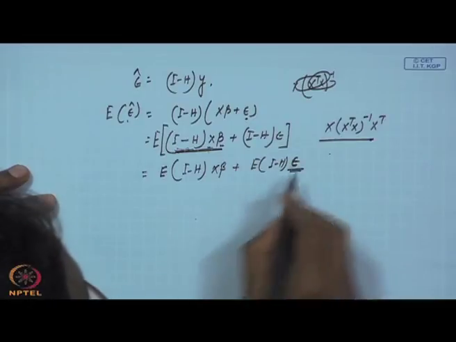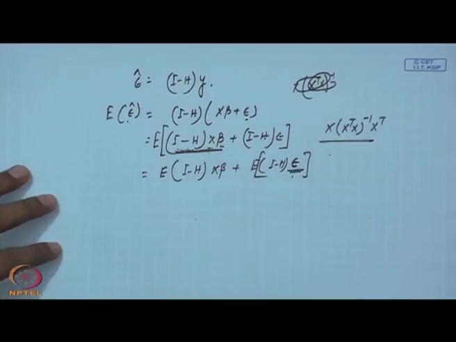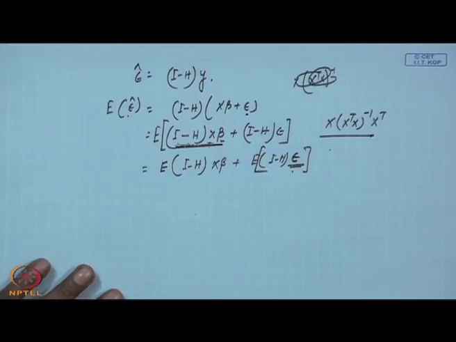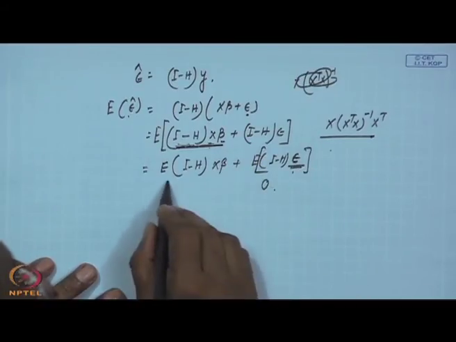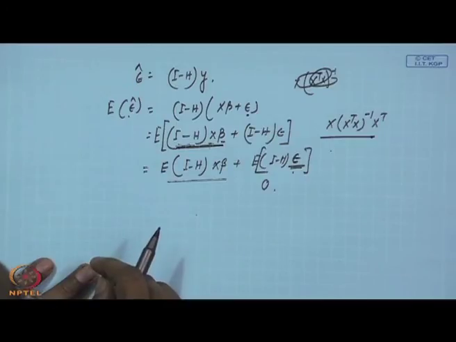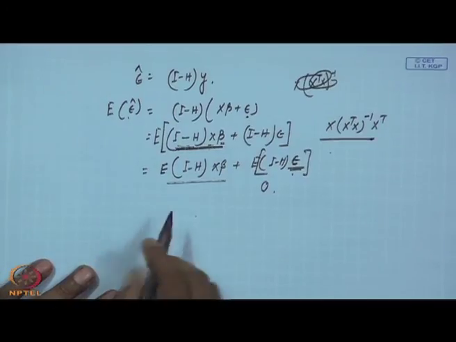What will this one be? The expected value of epsilon will be 0. So, this will be that fixed value.